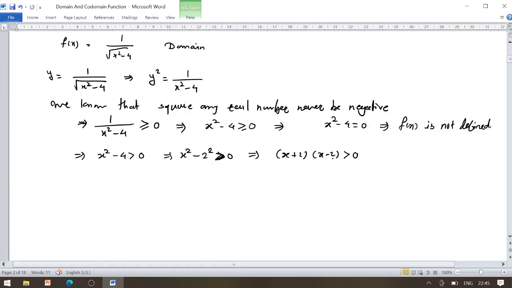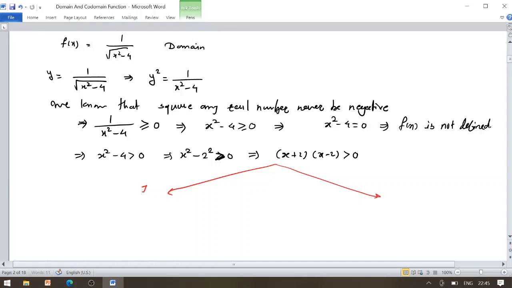So there are two cases. First case, once both are positive, the multiplication of any two positive numbers is always strictly greater than 0.